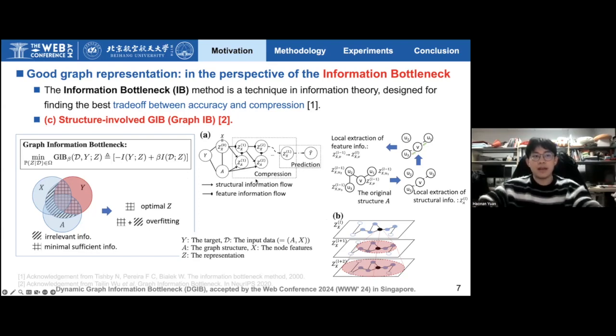It can calculate the mutual information of the non-graph data directly.